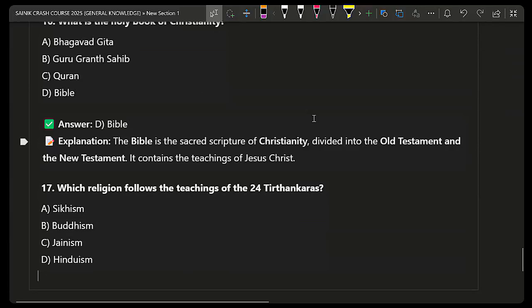Which religion follows the teachings of the 24 Tirthankaras?